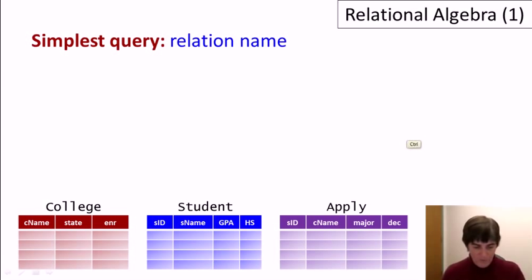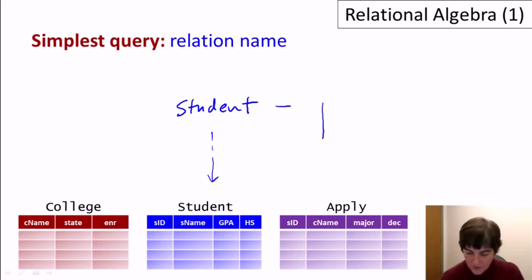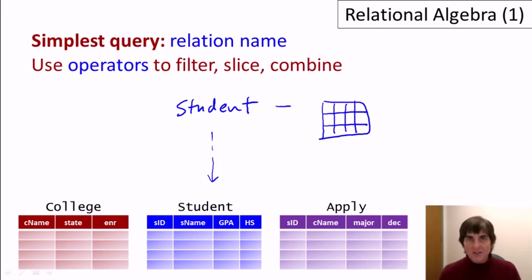So for example, we can write a query, student. And that's a valid expression in relational algebra. If we run that query on our database, we'll get, as a result, a copy of the student relation. Pretty straightforward. Now, what happens next is that we're going to use operators of the relational algebra to filter relations, slice relations, and combine relations. So let's go through those operators.